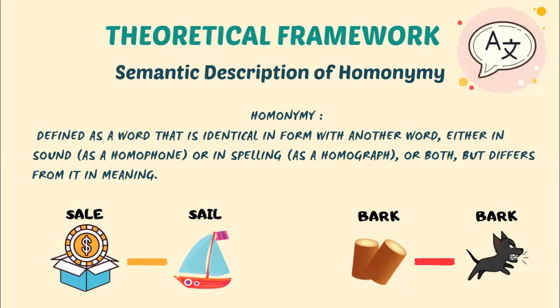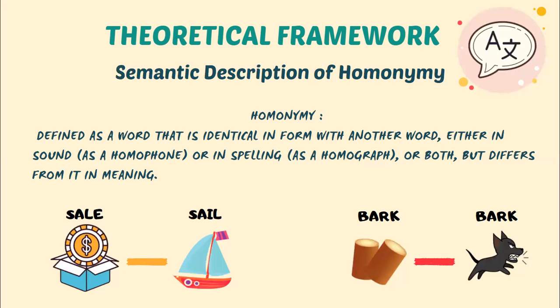Moreover, on a larger scope, homonymy would be defined as a word that is identical in form with another word, either in sound or in spelling, or both, but differs from it in meaning.